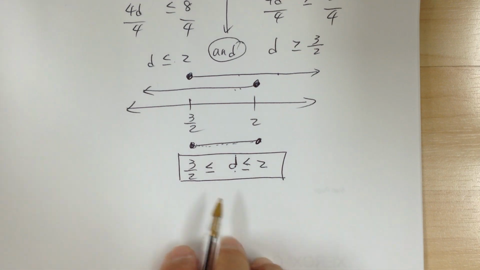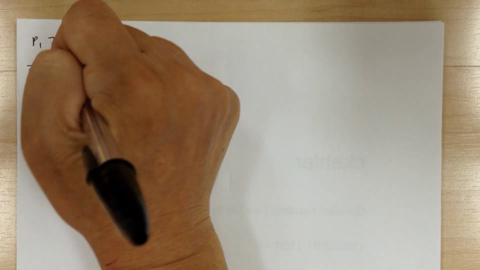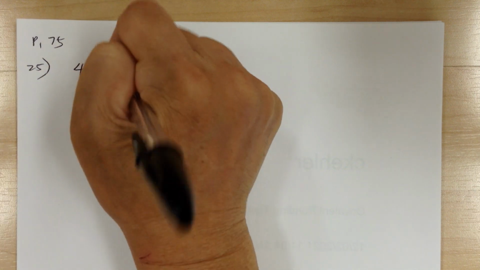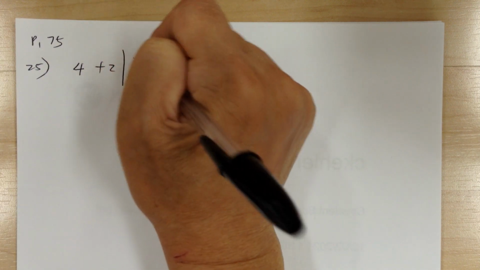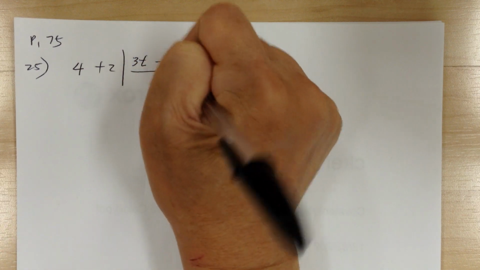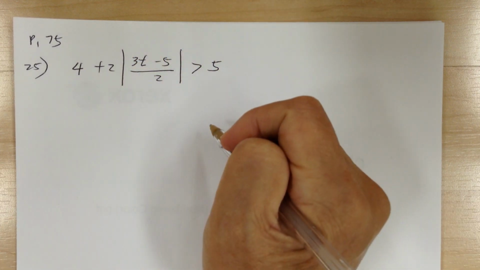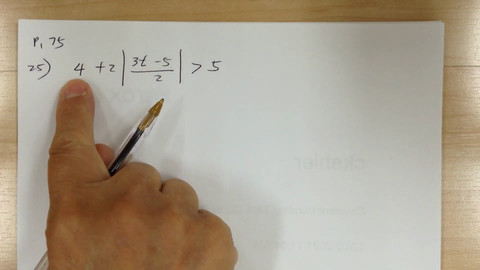Okay, let's go to the next one. You have 4 plus 2 absolute value of 3t minus 5 over 2, absolute value greater than or equal to 5. Okay, so again, first, let's get rid of this number.